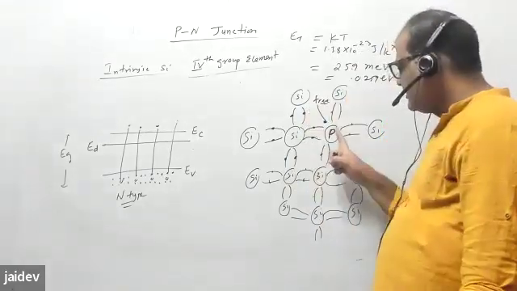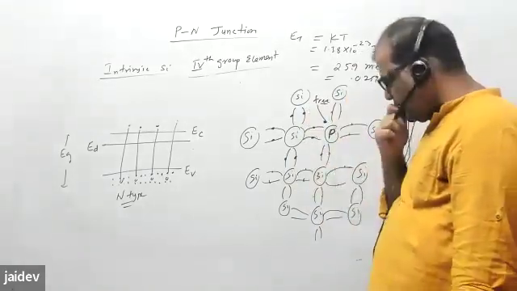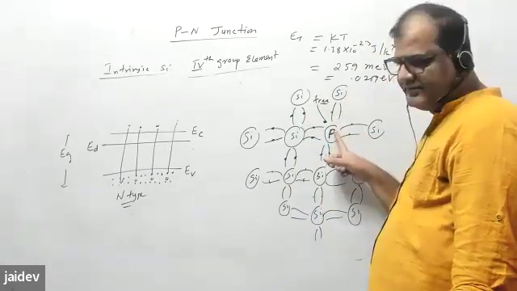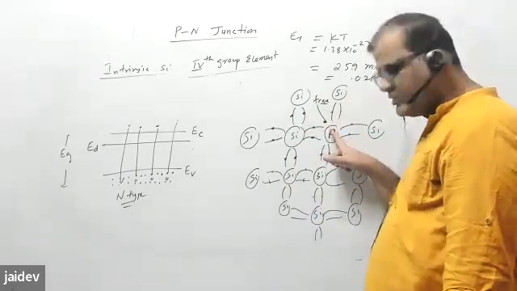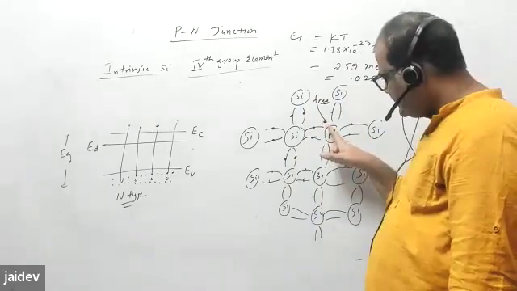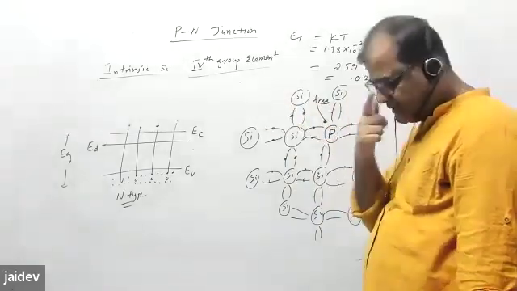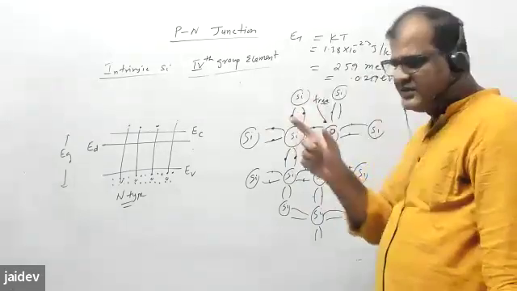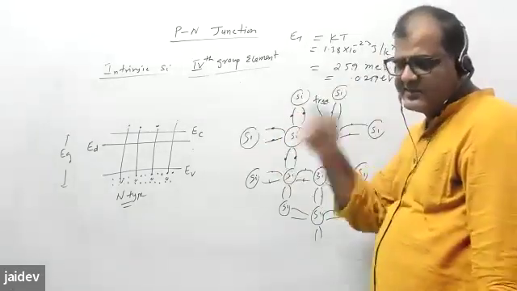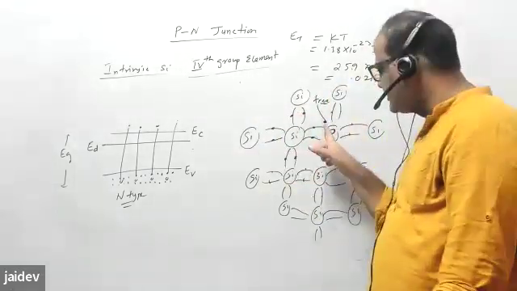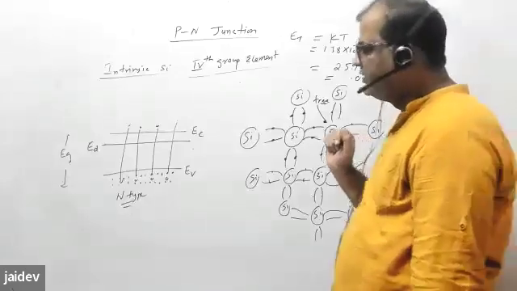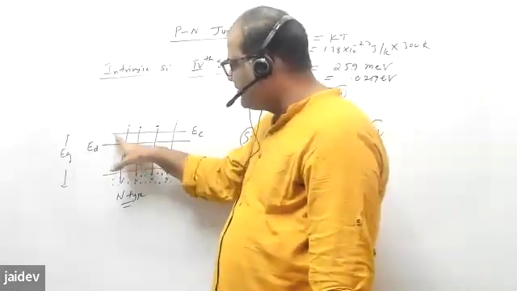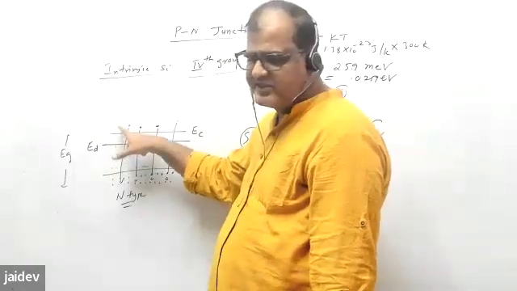That means the first ionization: this is also an atom, and this electron belongs to this atom. Now I'm giving some energy and it becomes free. That means this is the first ionization energy of this impurity atom. So this gap, ED, is the first ionization energy.